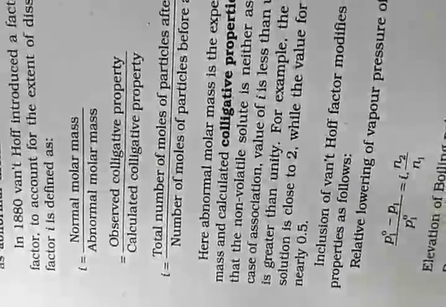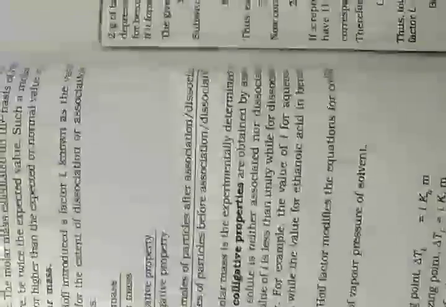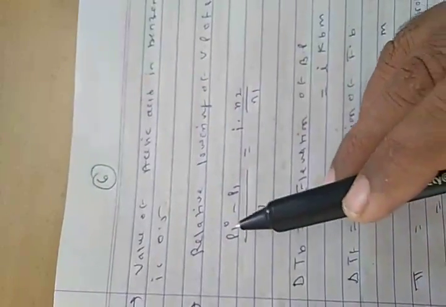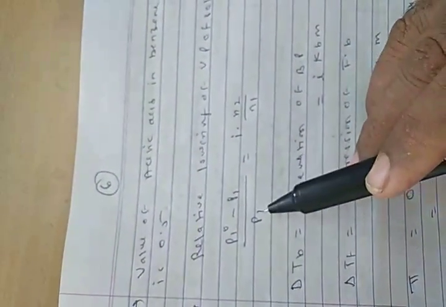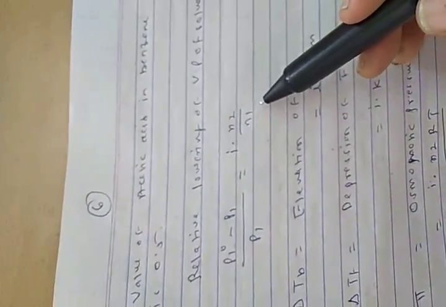Now, inclusion of the van't Hoff factor modifies the equations of colligative properties as follows. Relative lowering of vapor pressure of solvent: already we know Raoult's law, P1 zero minus P1 upon P1 is equal to, that is converting into i, n2 upon n1.